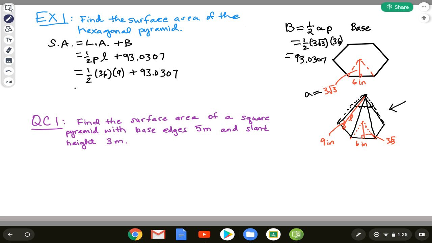Putting this into a calculator, 1/2 times 36 times 9 is 162, plus the 93.0307 gives me 255.53, or rounded to the nearest one, about 256 square inches.